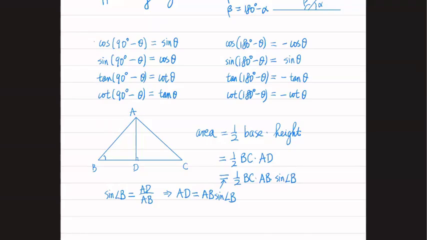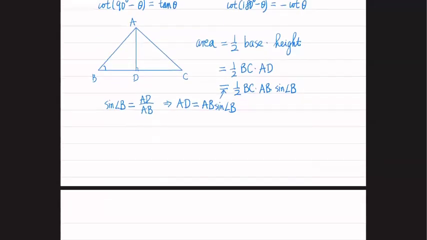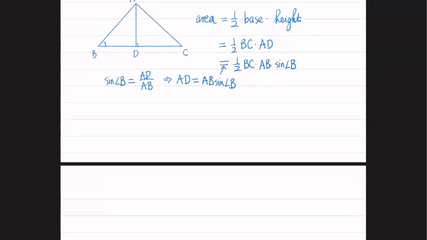And so the difference between these two formulas, they are essentially the same, but in this one we do not need the height. We just need length, and sine of this angle. Area formulas. So from there, we derived the law of sine.